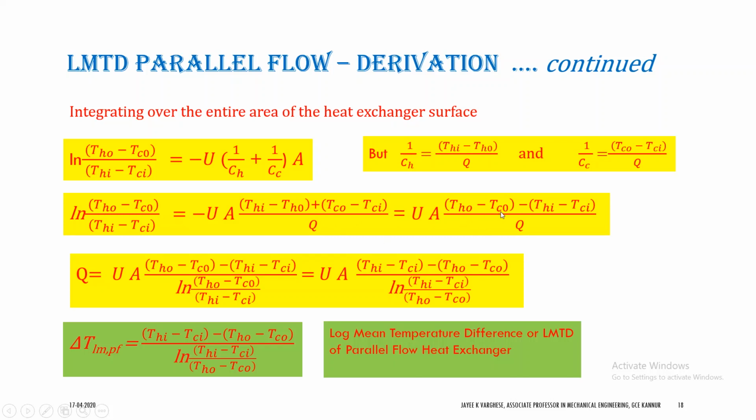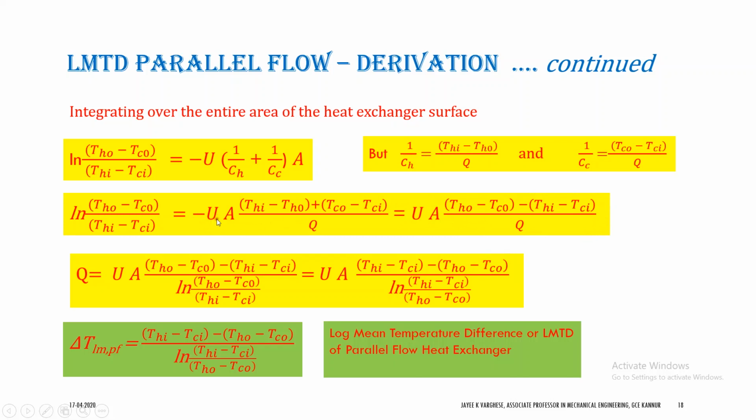So Tho minus Tco, and minus Thi minus Tci. I advise all of you to write this derivation on paper and make sure that you are getting all these terms, so there is no confusion here.